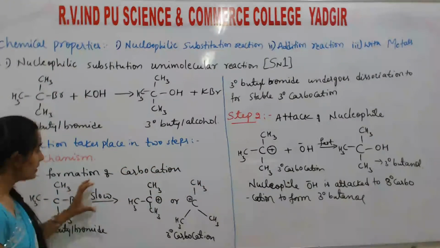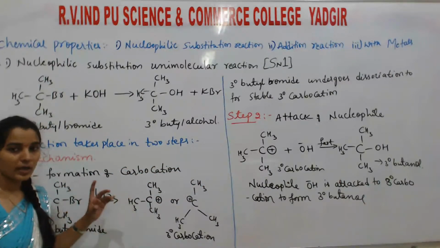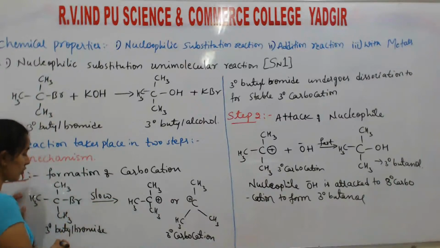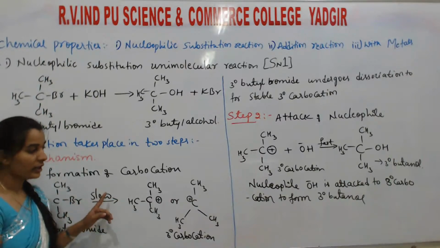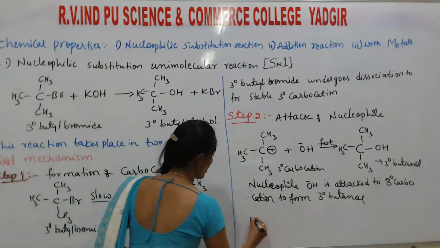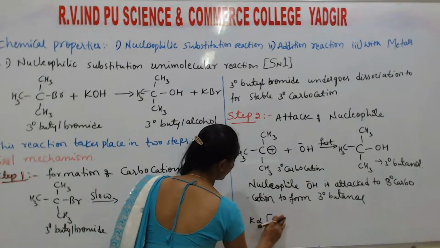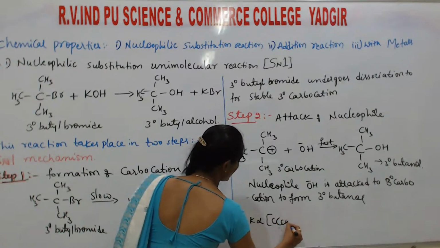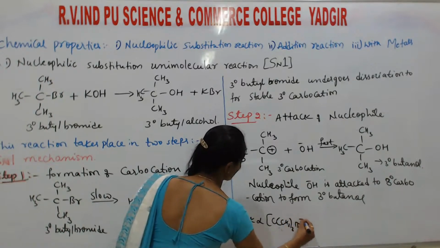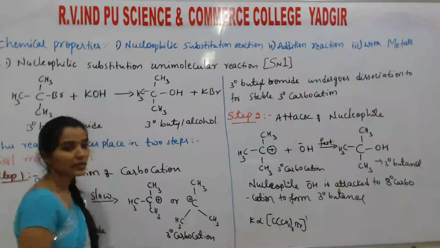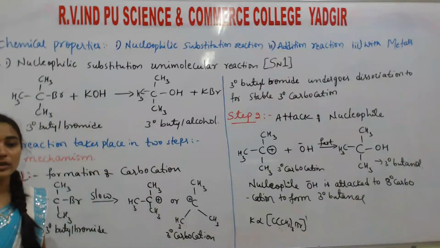The slow step decides the rate of the reaction, and in the slow step the only reactant is tertiary butyl bromide. The rate of the reaction, that is K, directly depends on the concentration of (CH3)3CBr. That's why it is called a unimolecular reaction.